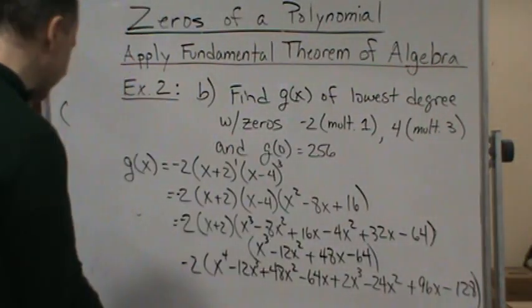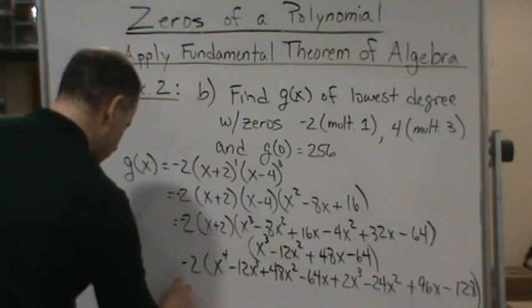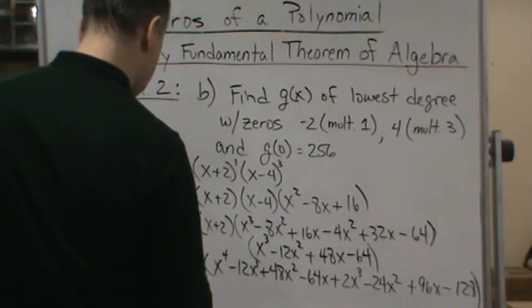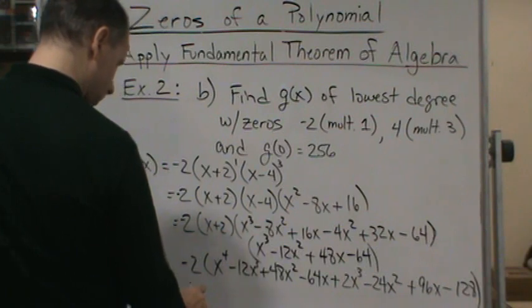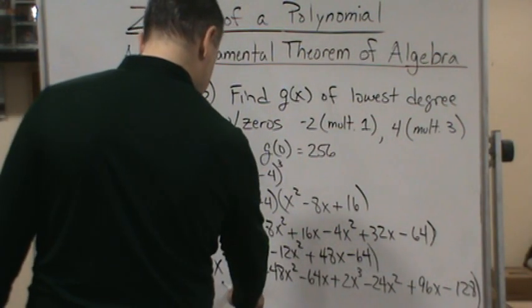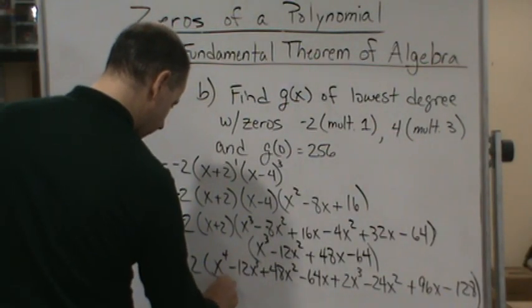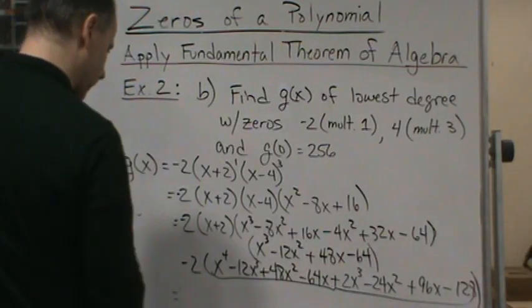Okay, and then finally, g of x, now we're going to multiply through. Let's combine like terms here for a moment.